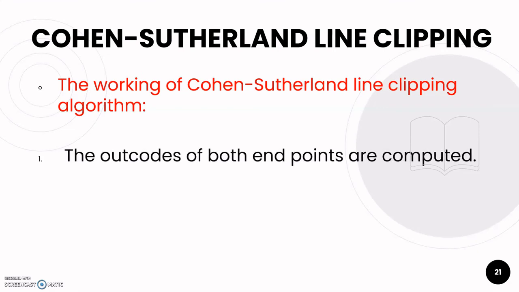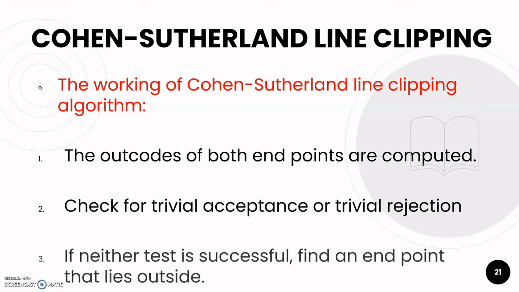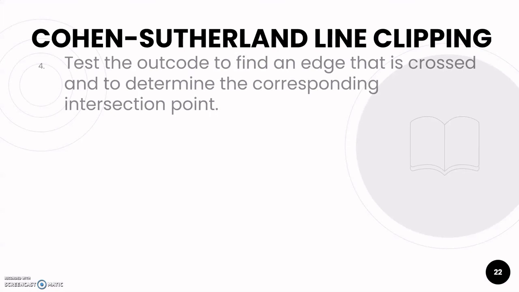The first step is that the outcodes of both endpoints are computed. Then we check for trivial acceptance or trivial rejection. If neither test is successful, find an endpoint that lies outside. Test the outcode to find an edge that is crossed and to determine the corresponding intersection point.